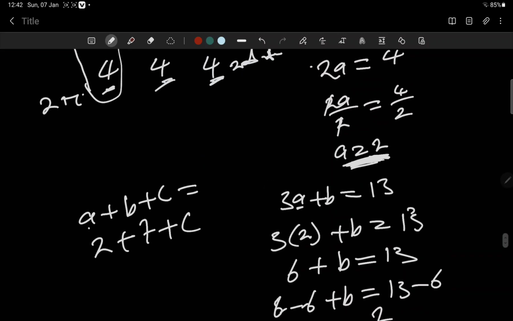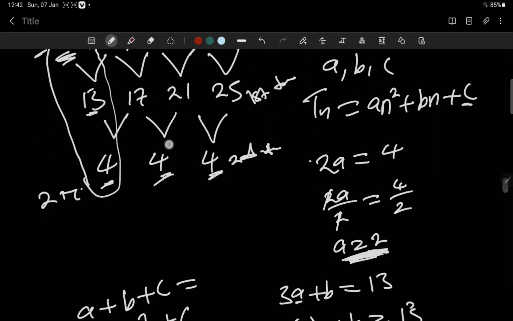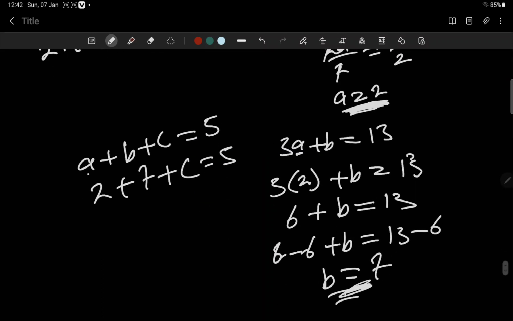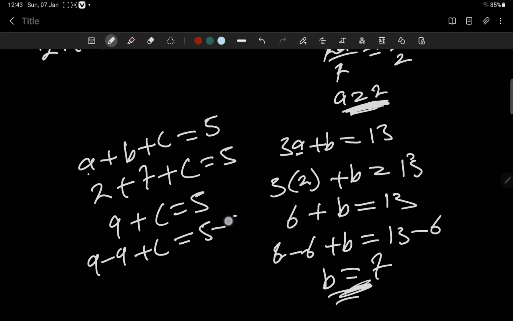This equals the first term of the sequence, that is 5. Then 2 plus 7 is 9, plus c equals 5. Then subtract 9 from both sides. c equals 5 minus 9, that is negative 4.